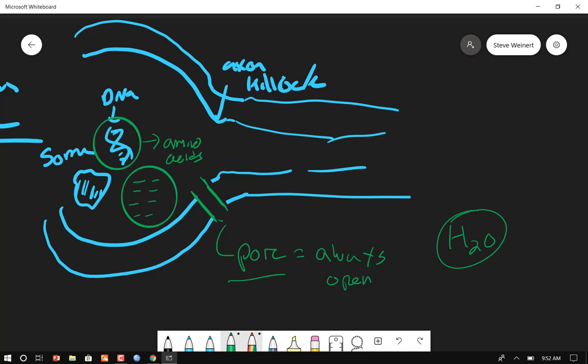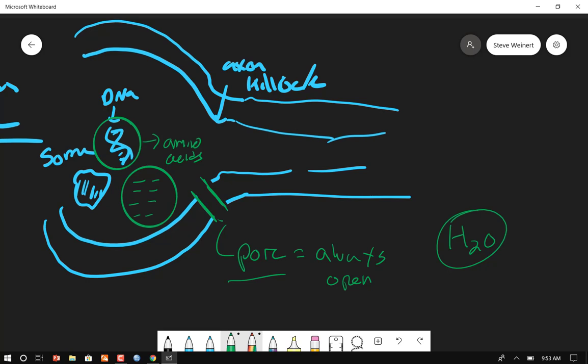So if I produce these negatively charged amino acids, I collect them together, DNA makes them. What kind of things are going to be attracted to this negative charge inside the cell? Positively charged things.